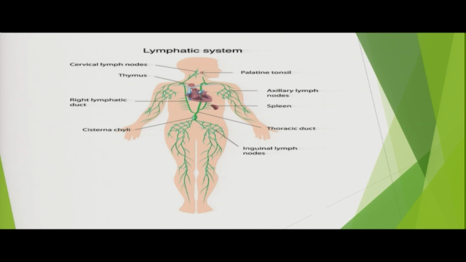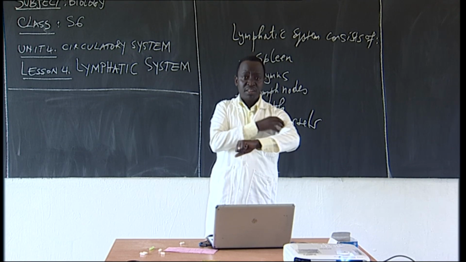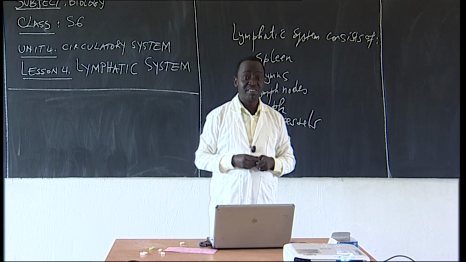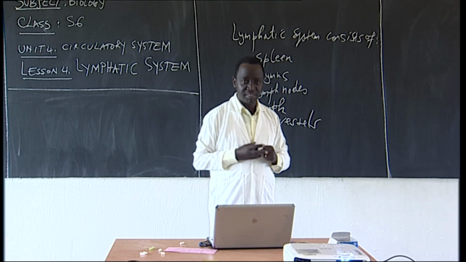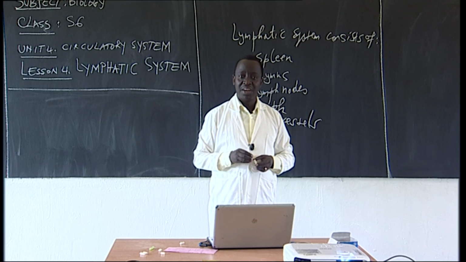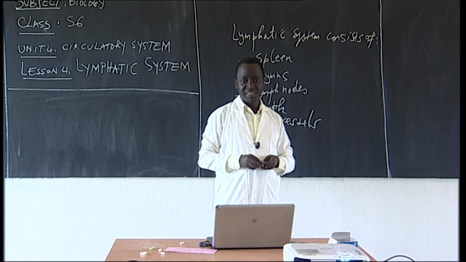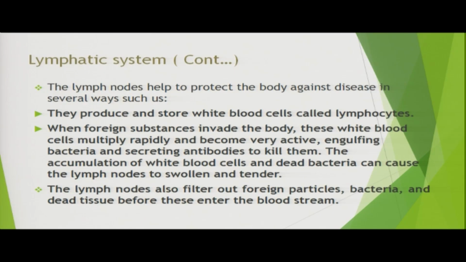You feel something in your body, there is some swelling. The swelling you feel in your body, those are the lymph nodes. Actually, they accumulated those bacteria, so that after, they reproduce antibodies to kill those bacteria. Then you get safe.